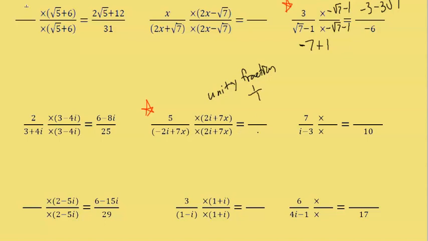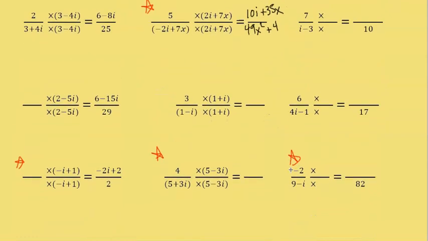And then you would get 10i plus 35x all over, not 4x squared, 49x squared plus 4. And that would be your rationalized fraction here.